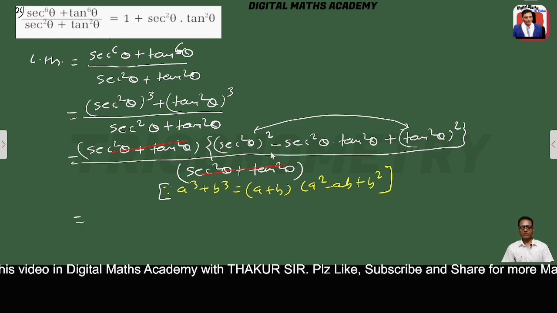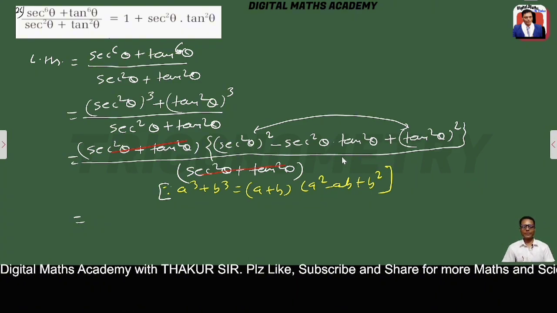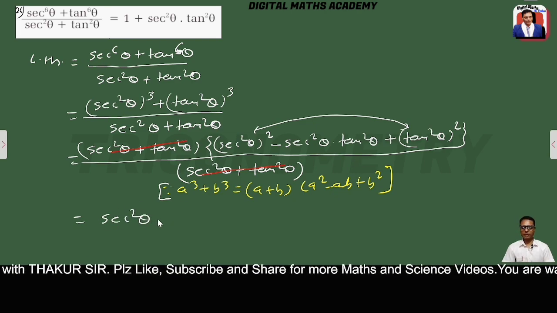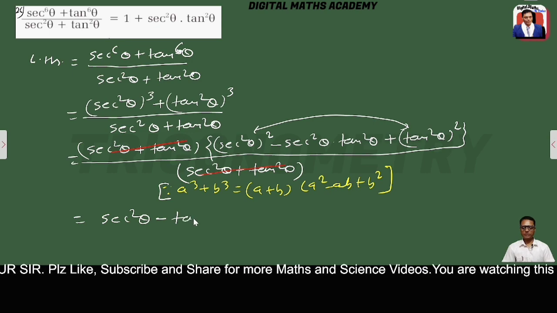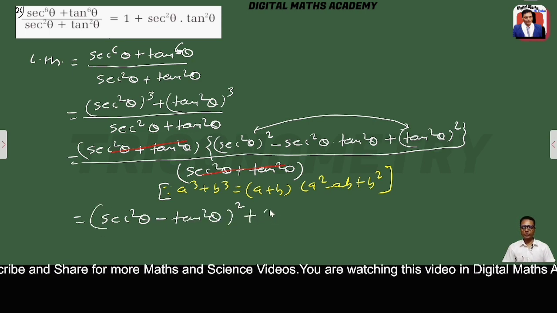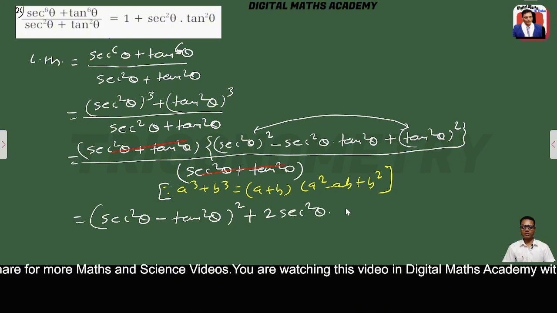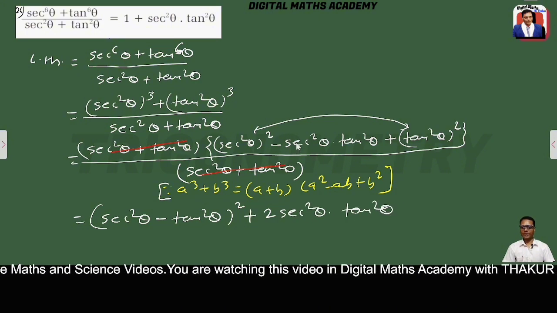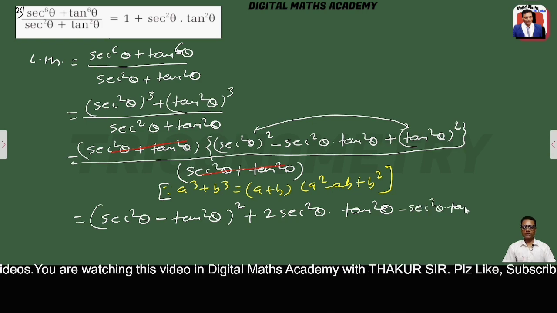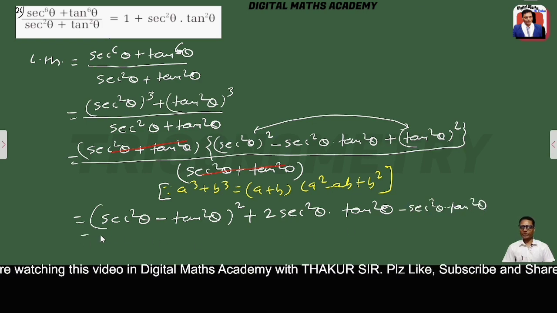First formula is (a plus b) whole square minus 2ab, another is (a minus b) whole square plus 2ab. So we apply here a means sec square theta, b means tan square theta, (a minus b) whole square plus 2ab. Plus 2ab means 2 sec square theta dot tan square theta, and we already have minus sec square theta dot tan square theta.